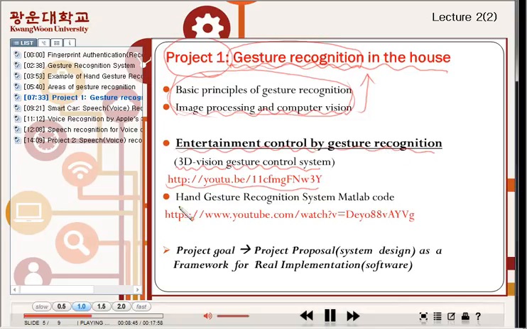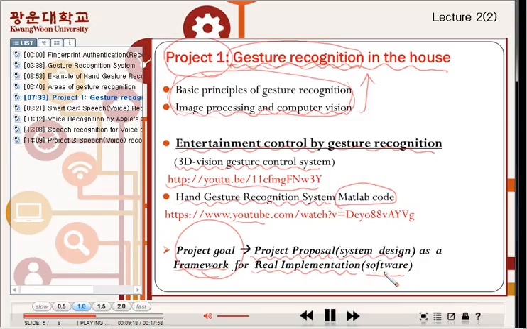The hand gesture recognition system can also be implemented by MATLAB code, so confirm on YouTube as well. For a project, the project goal is a project proposal, meaning a system design as a framework for real implementation by software.